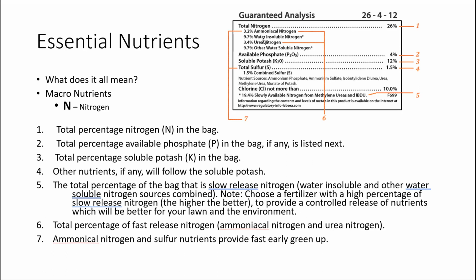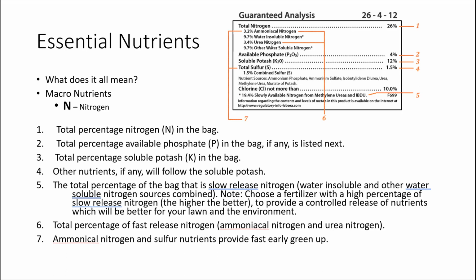6.6% of the nitrogen in here, the ammoniacal nitrogen and the urea nitrogen, these are forms of nitrogen that are immediately available to the plant, immediately available. So these are in forms that once they're in water, once they're soluble in water, they are available to the plant.